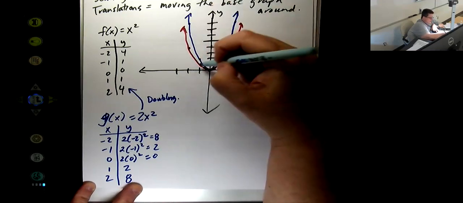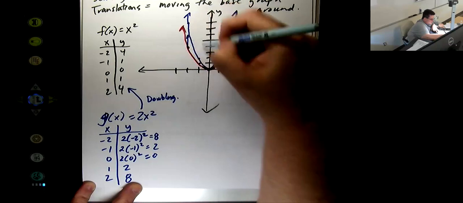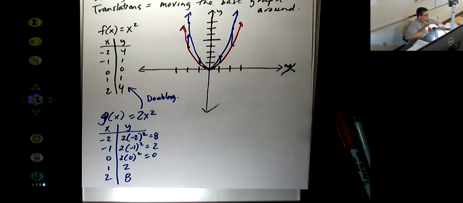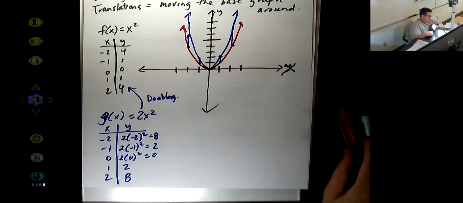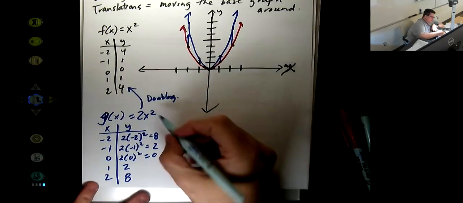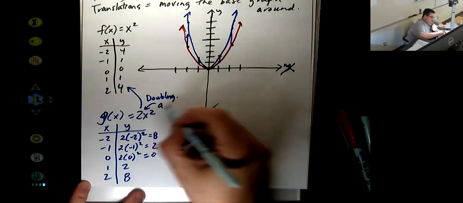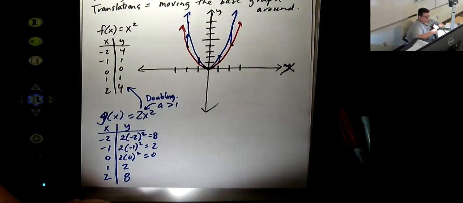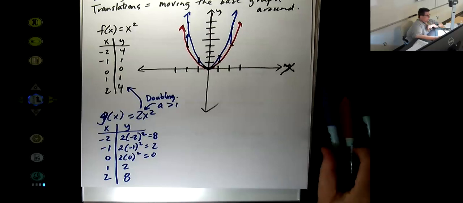So it's like these have all been vertically stretched upwards. And you'll see this happens anytime this number in front, let's call it A, is greater than 1, it does this stretching. We're going to play with this on Desmos in a little bit.